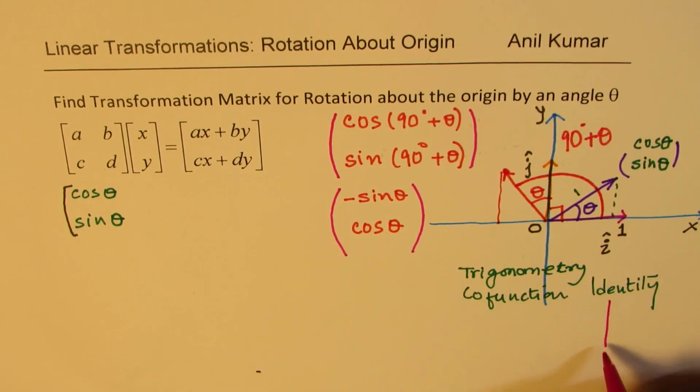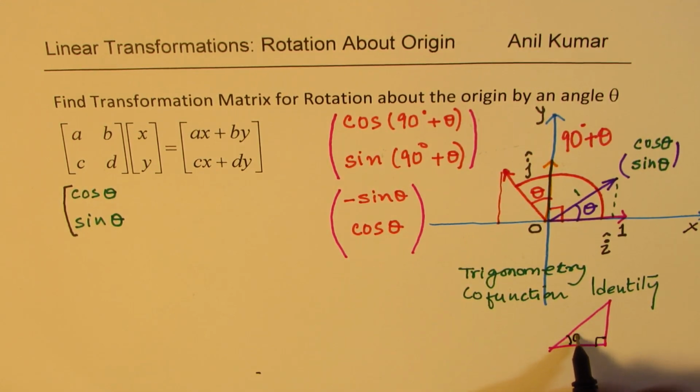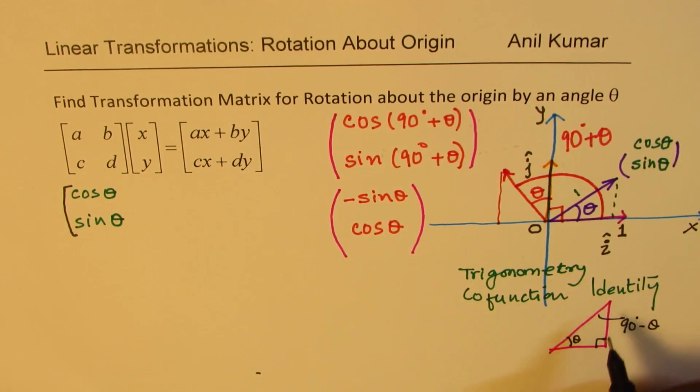So let me just take a second to do that. If I have a right triangle, and if one angle is theta, the other one is 90 minus theta, correct? So sine becomes cos, cos becomes sine. So simple as that. So that is what you get.